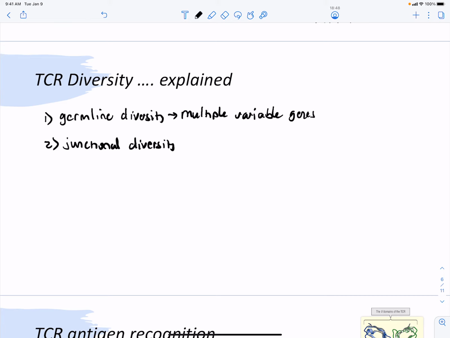And so this is when you're joining your VDJ regions, you get the addition of nucleotides.